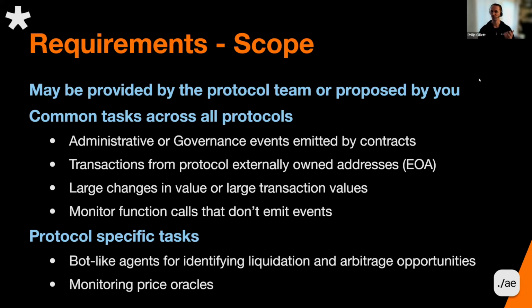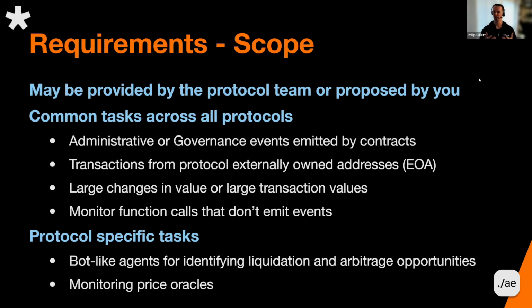And then there are some function calls, maybe some low-level function calls, that don't emit events but are critical nonetheless. You're going to want to know when those occur, and those are going to be common across all of these protocols. Then depending on the complexity of a protocol, they may want to identify when a liquidation opportunity exists, or when there's an arbitrage opportunity.